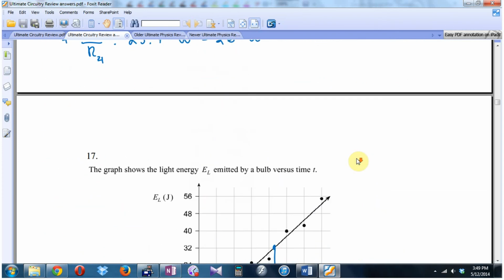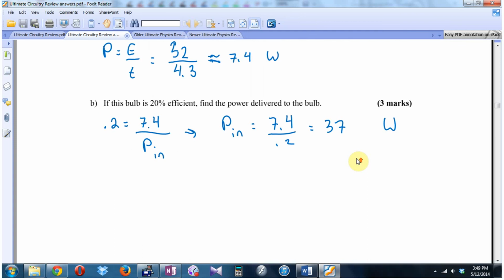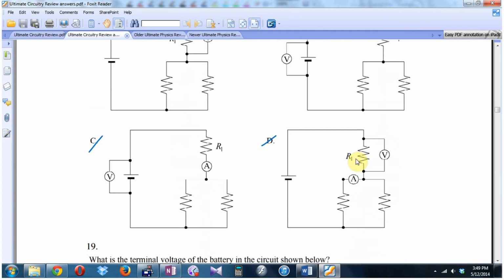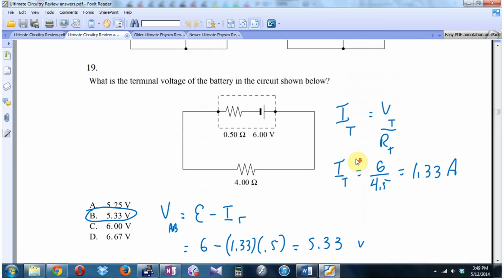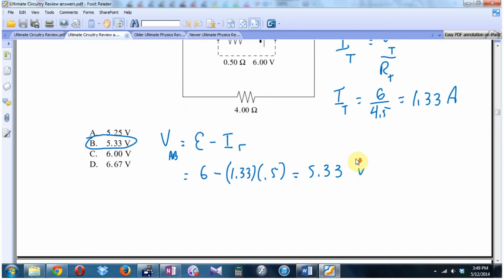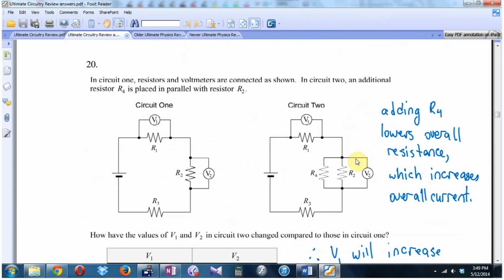16's fine. 18 is good. You're going to be asked to talk about placements of ammeters and ohmmeters. 19's fine.